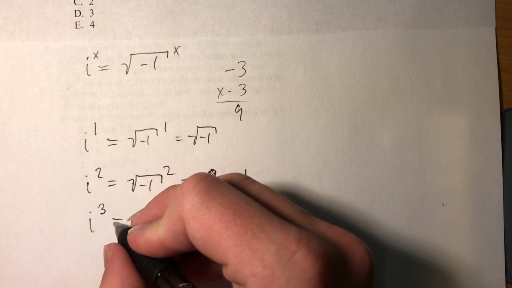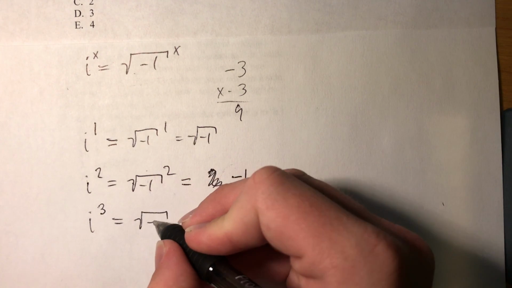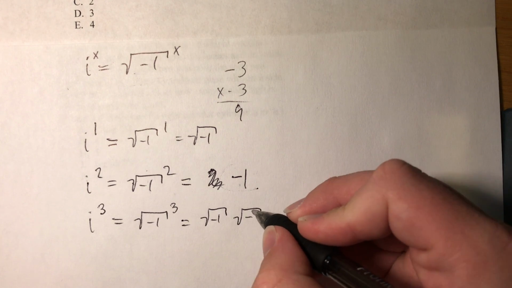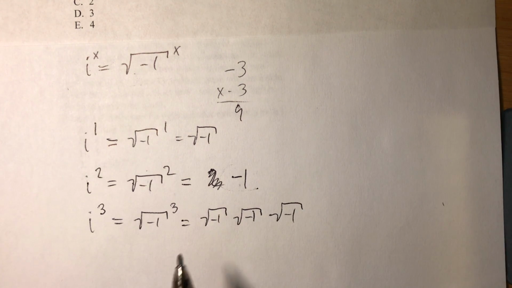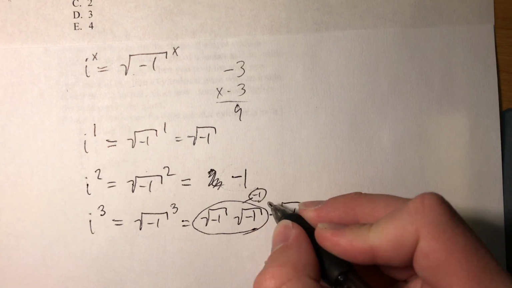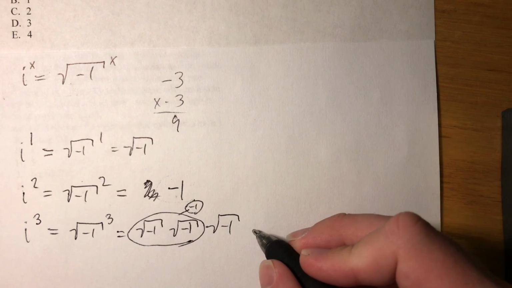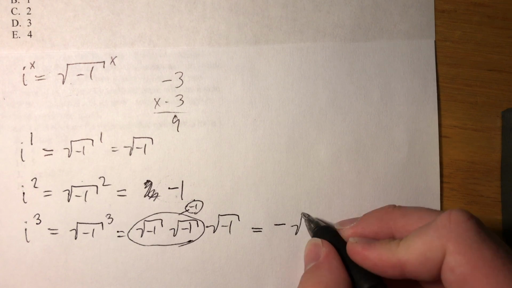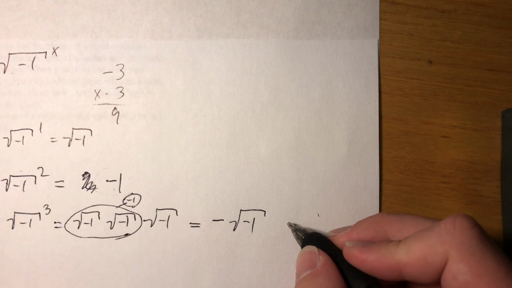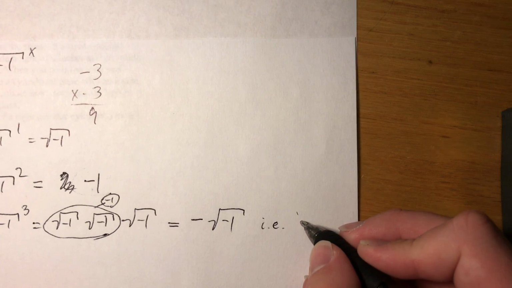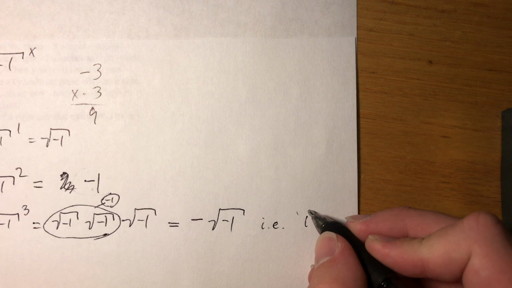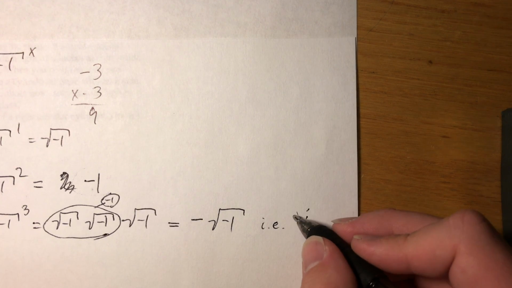i cubed equals the square root of -1 cubed, which equals the square root of -1 times the square root of -1 times the square root of -1. We already saw that the first two equal -1, right? So we simplify this to get negative the square root of -1, in other words, just equal to -i.